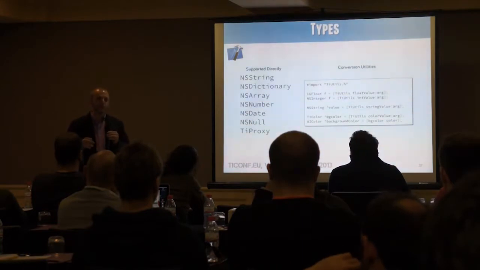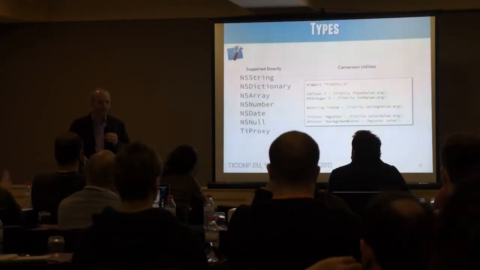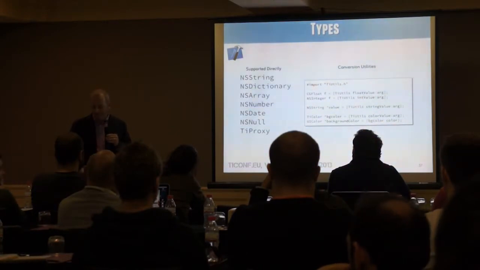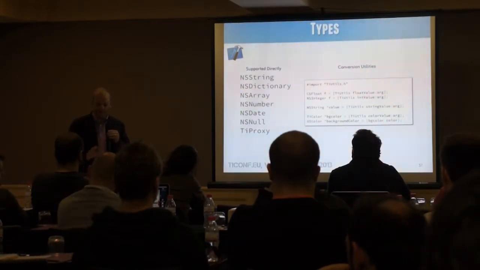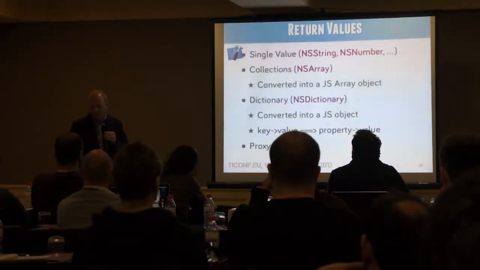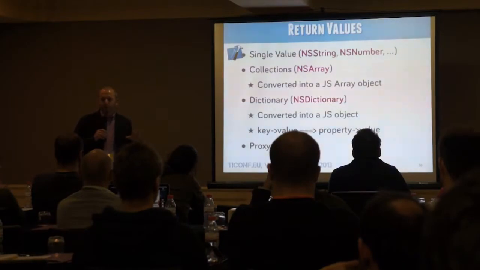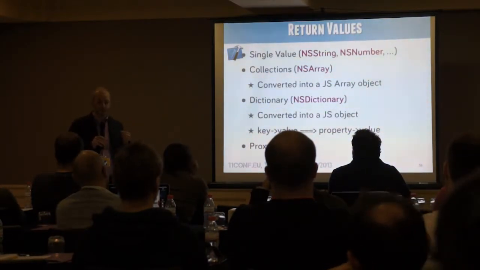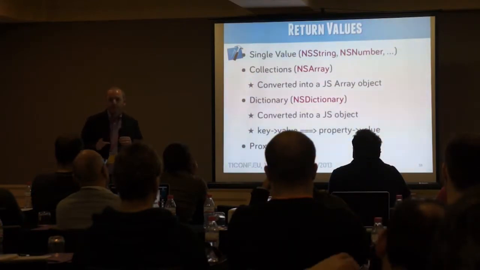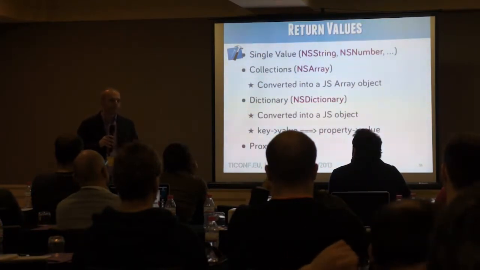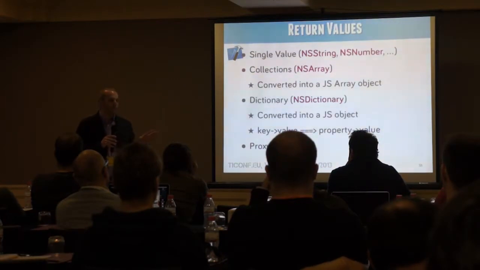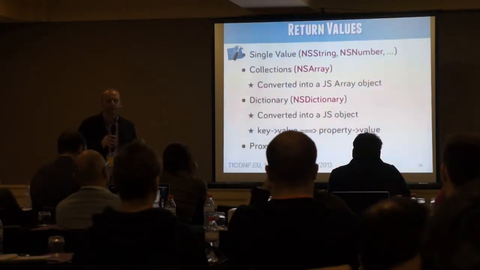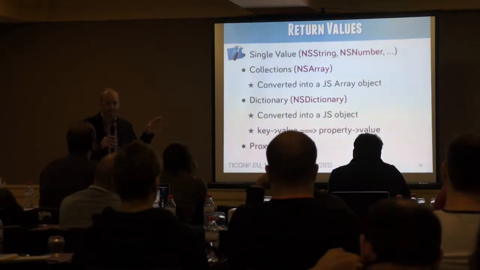The Titanium framework gives us a set of conversion utilities for casting arguments from one kind to another, to the specific type. And what can we do when we have to return an object to JavaScript from our method? Basically, we have several choices, but if we are returning a string, we simply have to return an NSString.